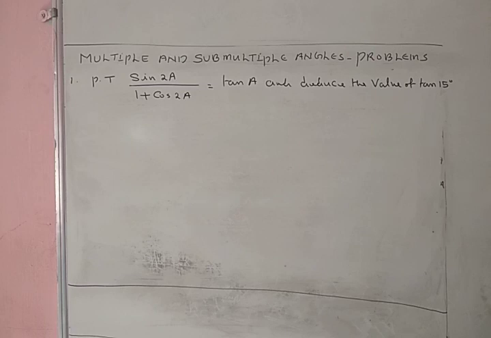Here the left hand side is sin 2a by 1 plus cos 2a. We know the multiple angle formula for sin 2a. Sin 2a is same as 2 sin a cos a and cos 2a is same as 2 cos squared a minus 1. Therefore, substitute the values of sin 2a and cos 2a in the left hand side.